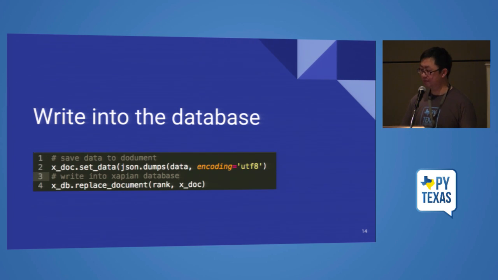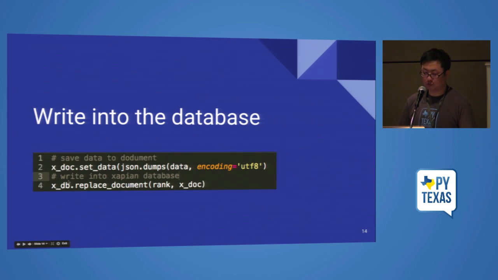So now we have terms and values added to the document. We want to add the data blob so that at query time we can display the original JSON format data. We use set data and dump the JSON into a string.